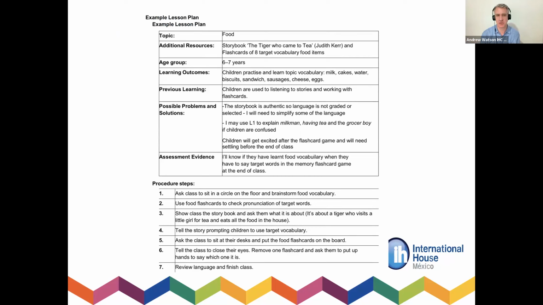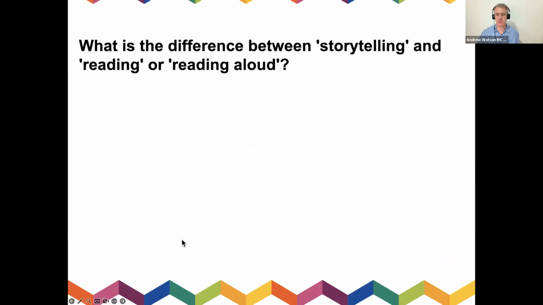Possible problems and solutions: the storybook is authentic, so language is not graded or selected. I will need to simplify some of the language. I may use the first language to explain milkman, having tea, and grocer boy if the children are confused.